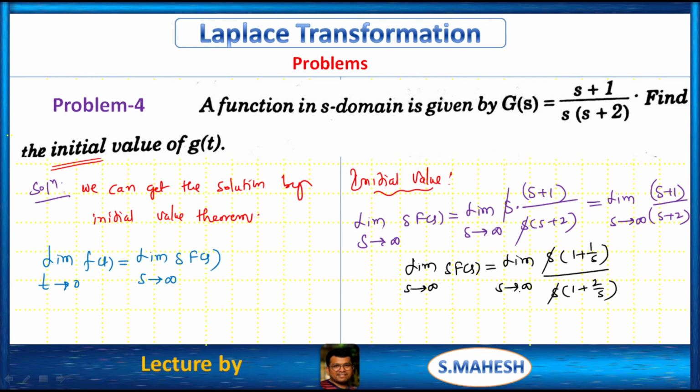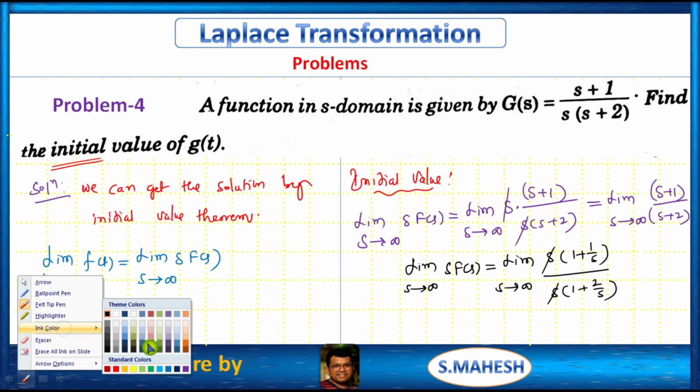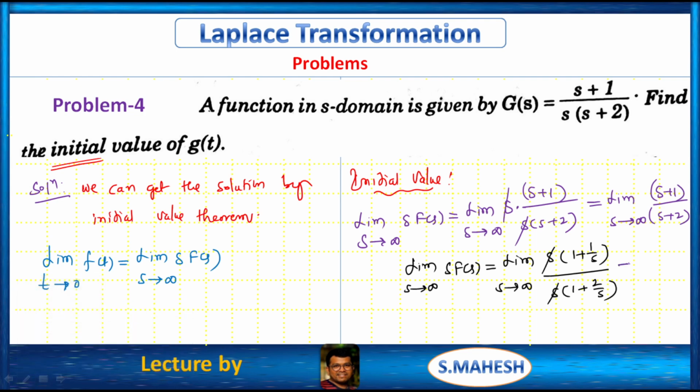Now we apply s tends to infinity, which gives (1 plus 1 by infinity) by (1 plus 2 by infinity). Therefore the initial value is 1 by 1, which equals 1. The initial value is 1.